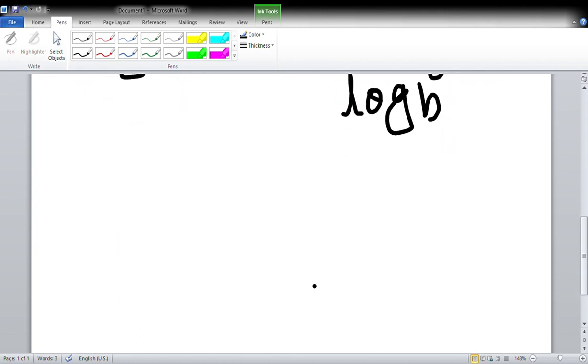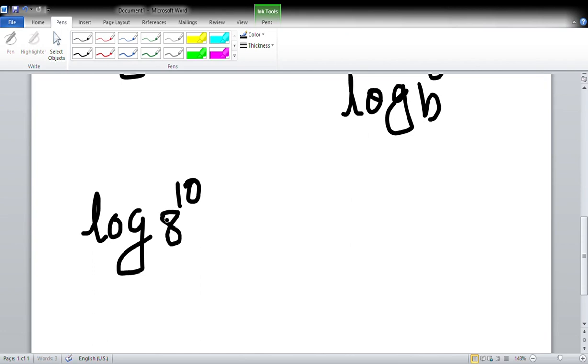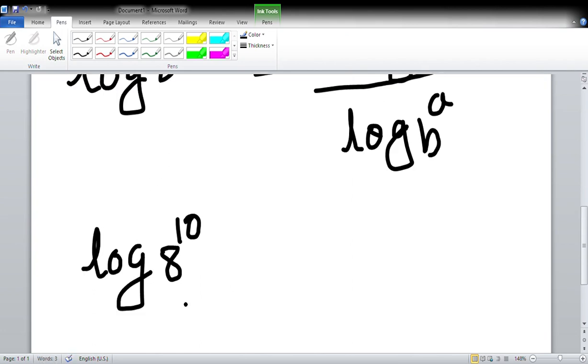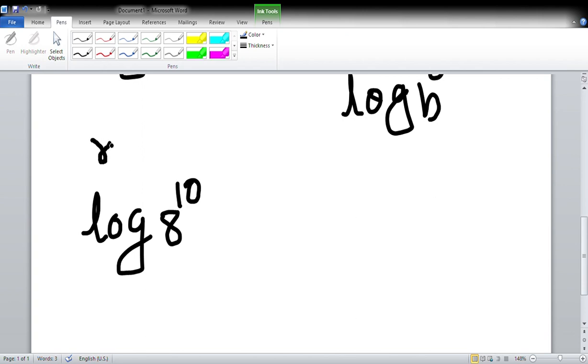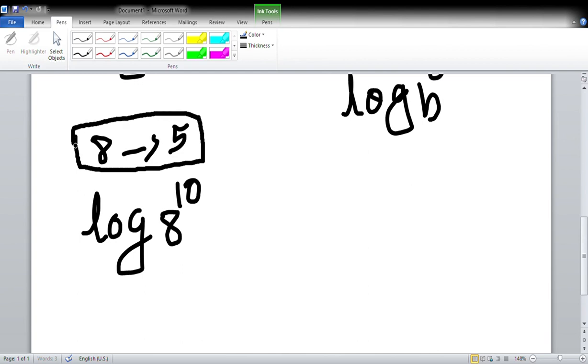So if I take a numerical example of this, suppose it is given log 10 with the base 8. Suppose you have to change the base 8 to 5.